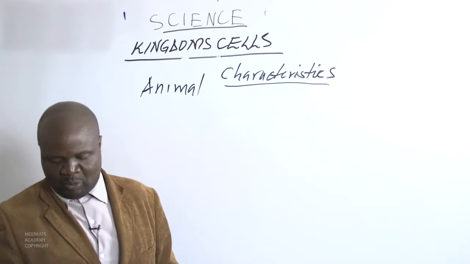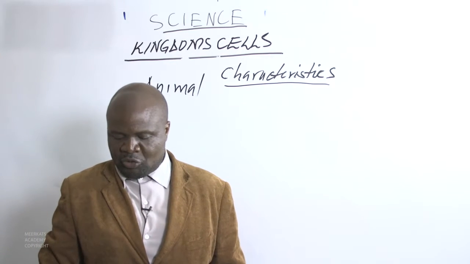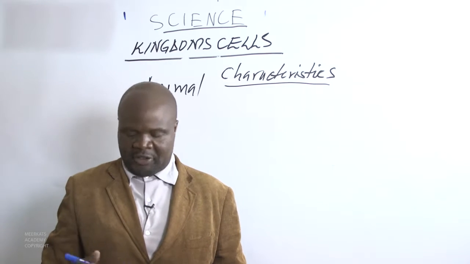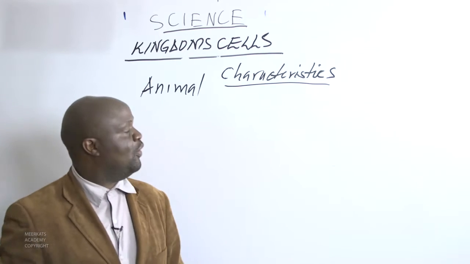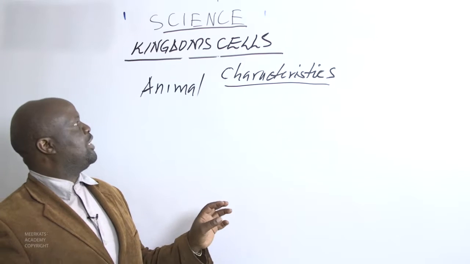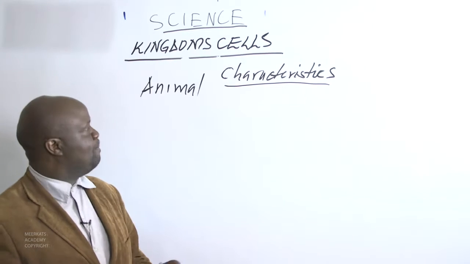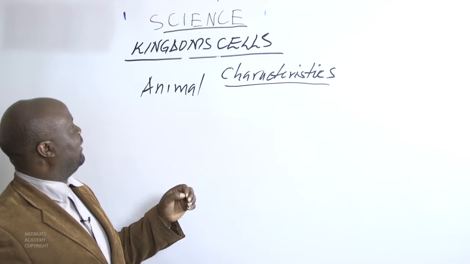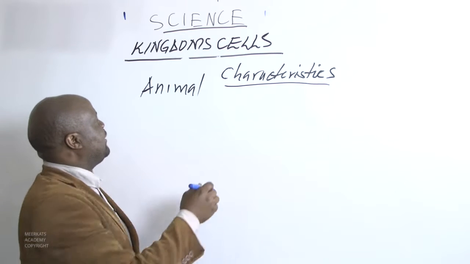So we are saying animal cells are able to obtain their energy by feeding on other animals or on other living things.